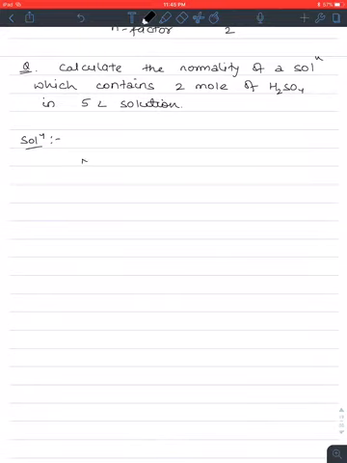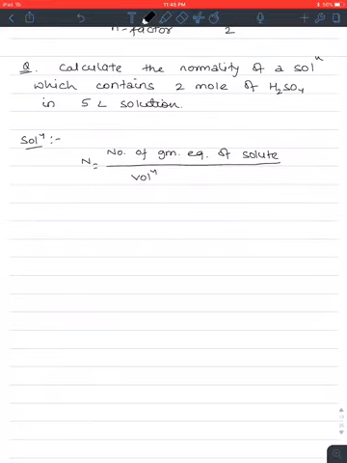Again, directly formula based question. Normality we have to find. Normality is what? Number of gram equivalents of solute divided by volume of solution in liters. And what will be the number of gram equivalents? They have not given the number of gram equivalents, but they have given what?